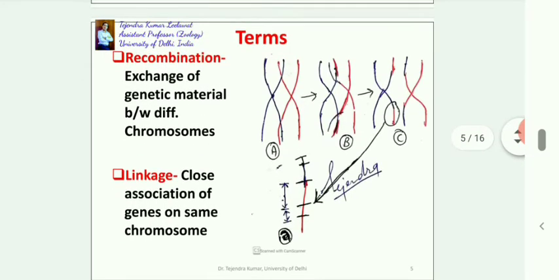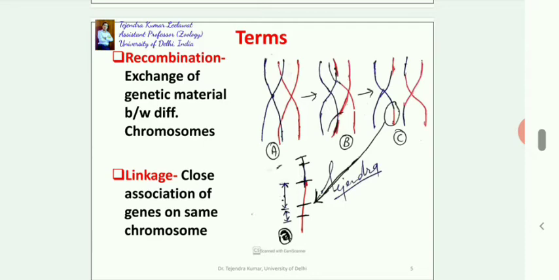Now the next term, recombination. Recombination is actually crossing over. You know very well that crossing over occurs in meiosis, and it is found in the germinal cells, or cells which form gametes. It is not present in somatic cells.